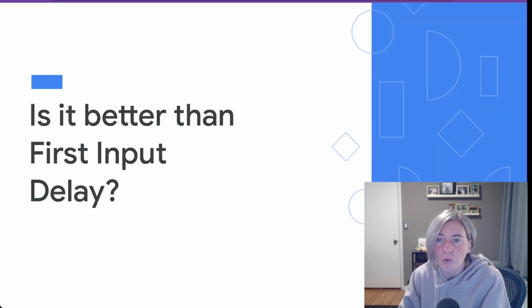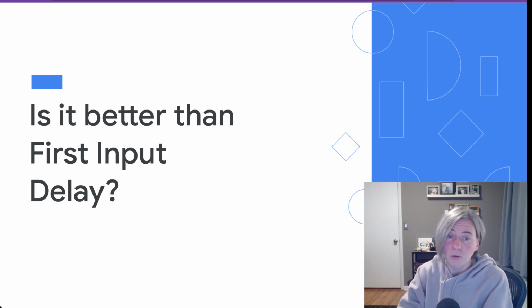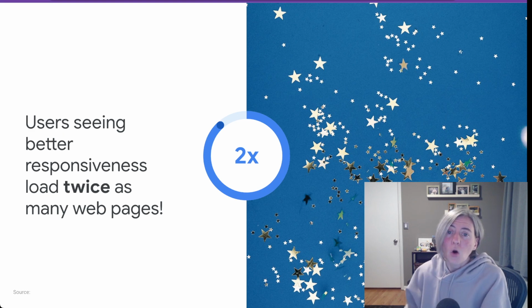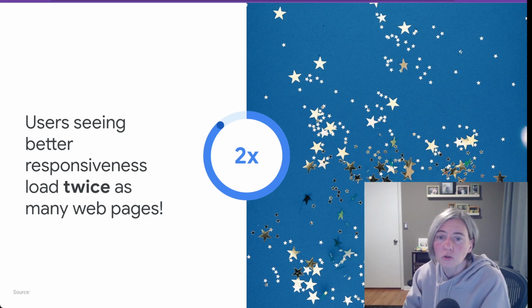Now that we have a new metric, do we think it's an improvement over first input delay? Yes, we do. We're continuing to research the impact of Interaction to Next Paint on web users through user experience research and also talking to various sites about what they've learned about user impact as they improve responsiveness.